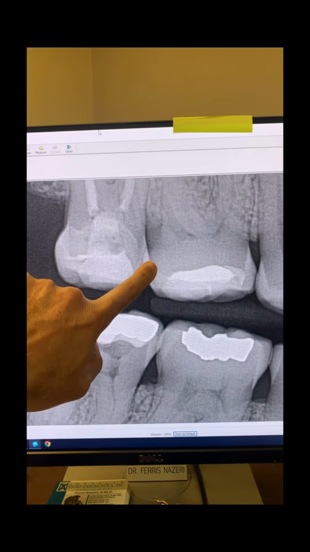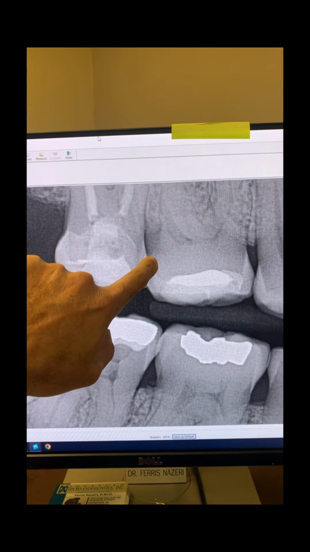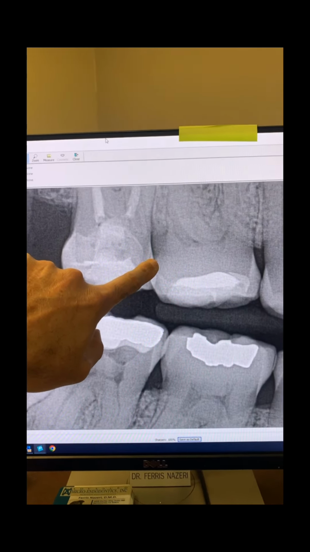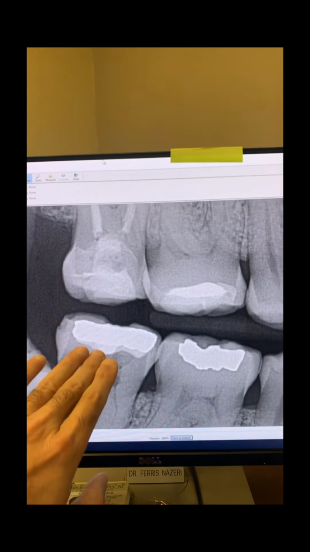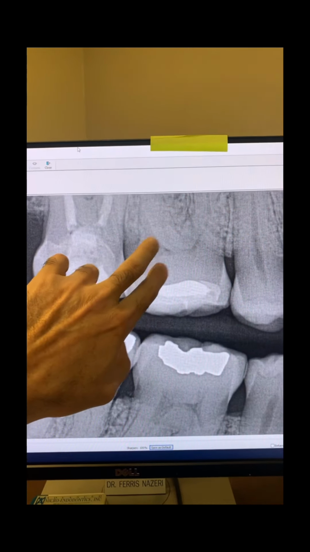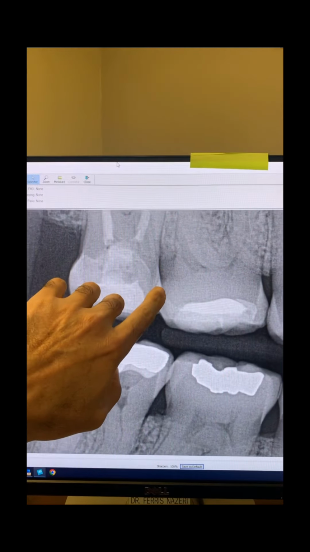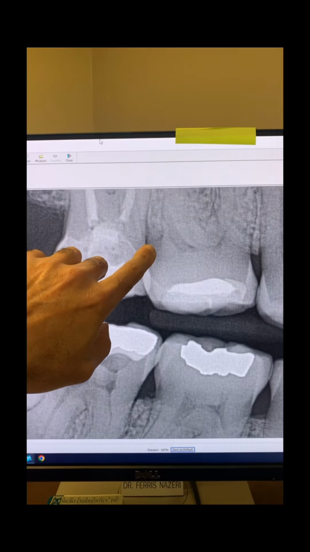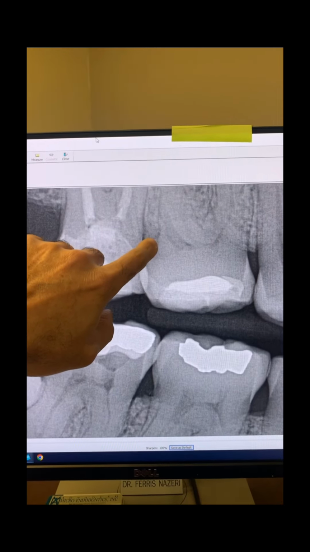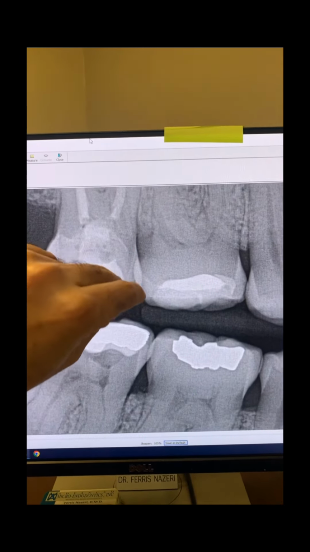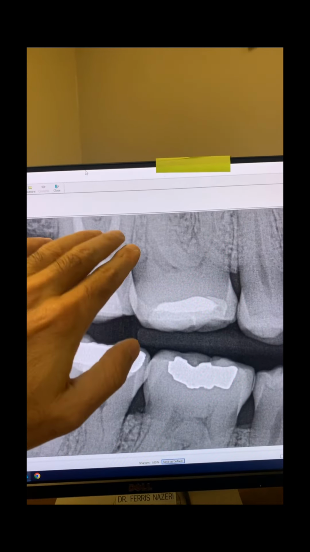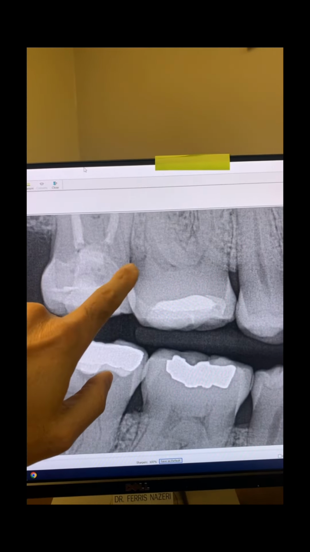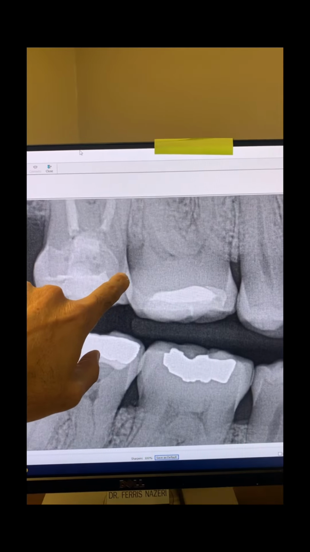So, as I said, if you have a case like this that's a borderline, you can be very careful. What I would do is I would start with the high speed, lots of water. I don't want to heat up the pulp here, and clean out some of the decay. Then I would start with the slow speed and very carefully, very gently remove the remaining decay.